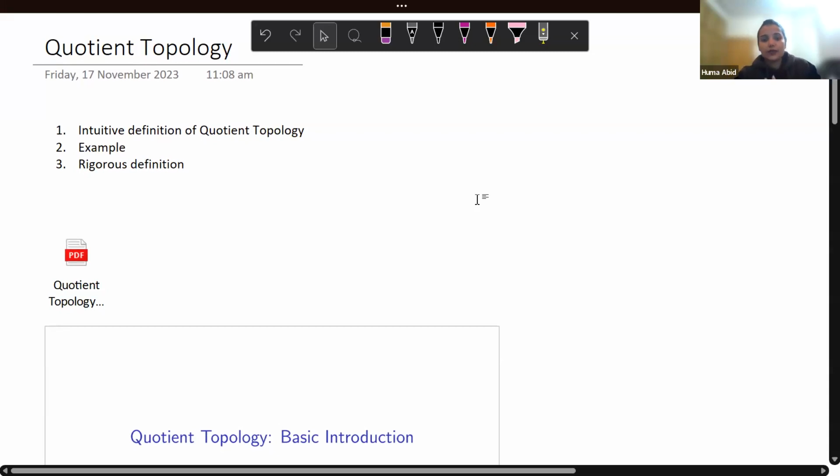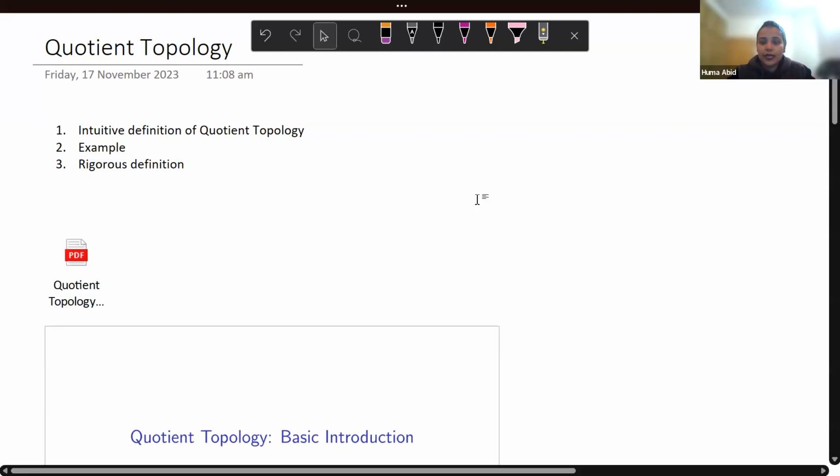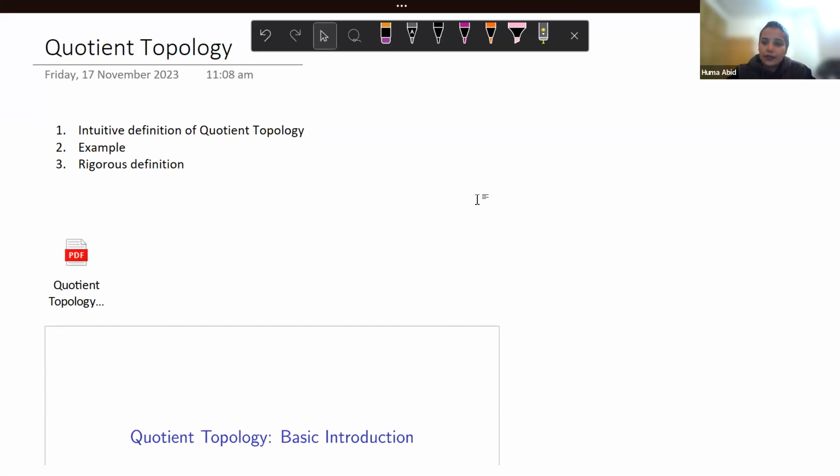This lecture is supposed to serve as a very elementary introduction to quotient topology: why we define this structure, what the motivation behind it is, and a very intuitive understanding of it, with some rigorous mathematical definitions and terminology towards the end.